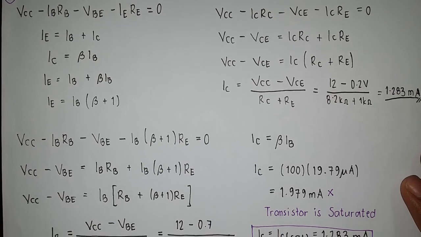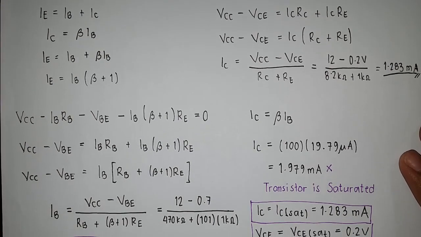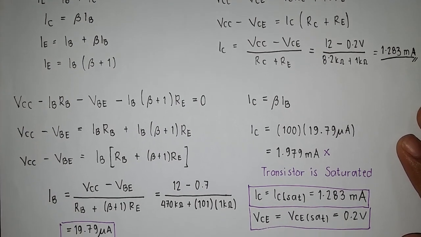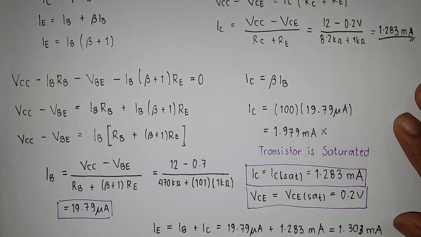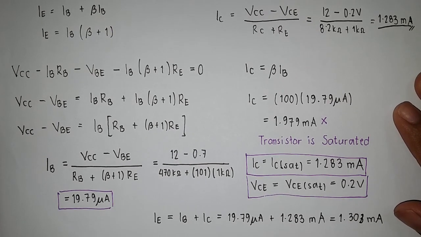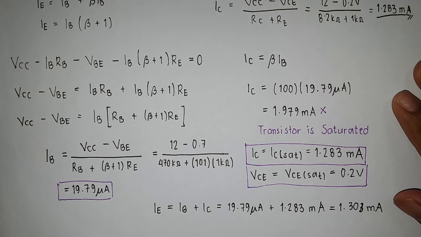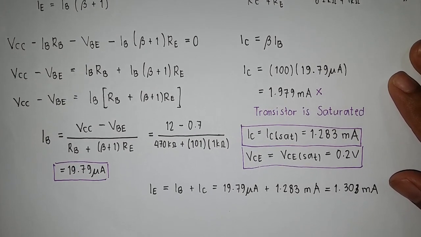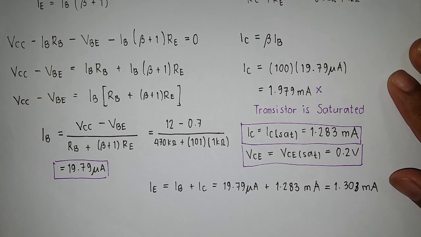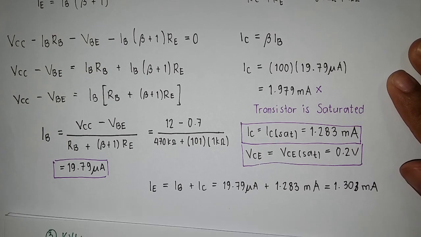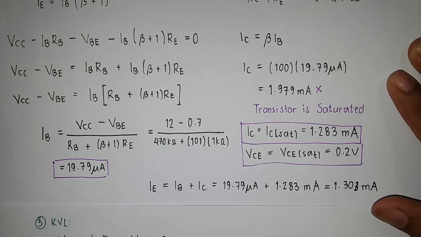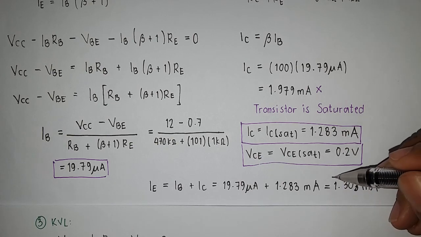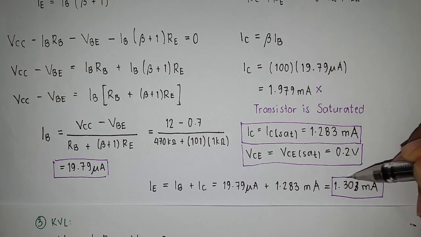Hindi pwede yung transfer function kasi ang transistor natin ay saturated. So, IC is equal to IC SAT, which is 1.283 milliamperes. VCE is equal to VCE SAT, which is 0.2 volts. IB natin ay 19.79 microamperes. Okay, and meron tayong IE, which is 1.303 milliamperes.